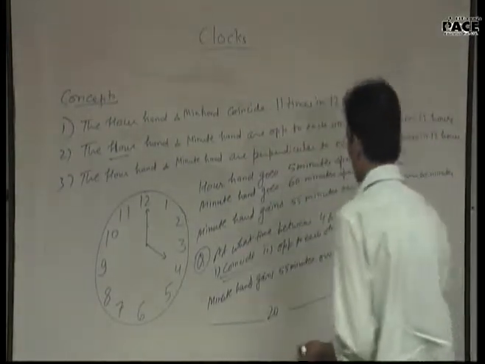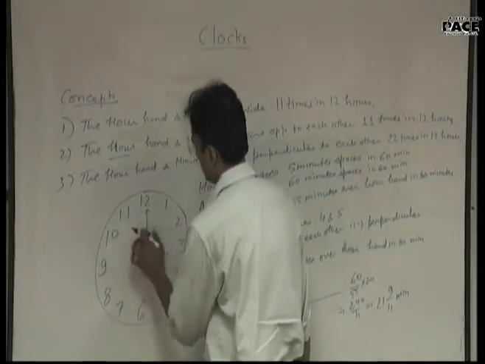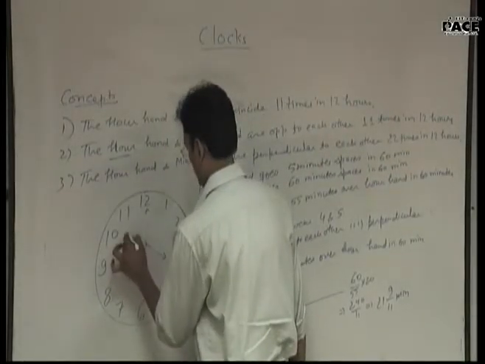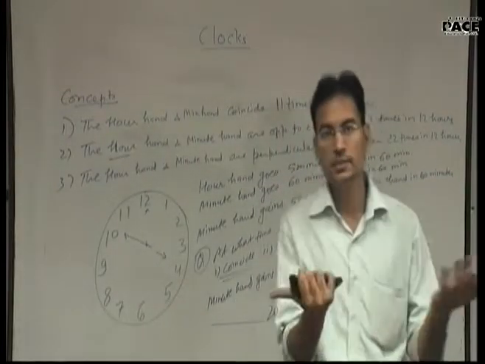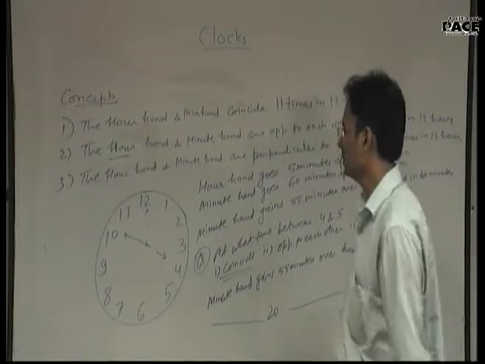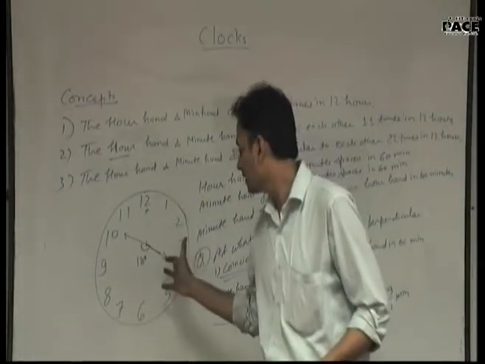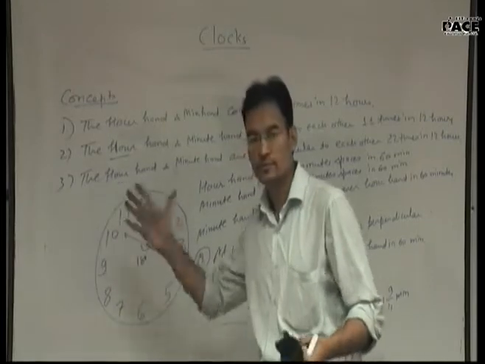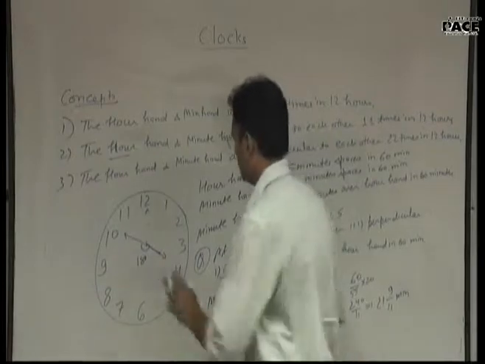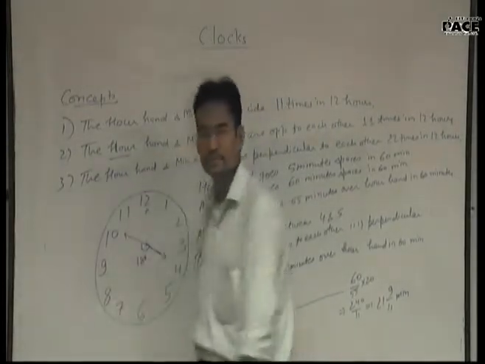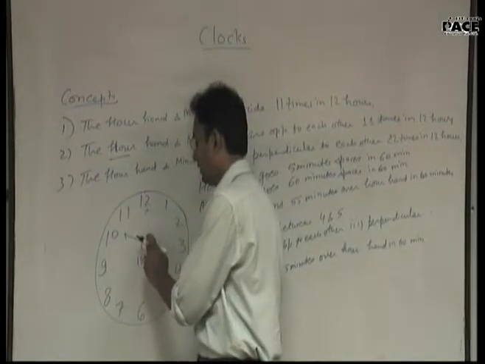Second, opposite to each other. Now for the minute hand and hour hand to be opposite, they need to be at an angle of 180 degrees with each other. In a clock, this half side of the clock is 30 minute spaces. At 4 o'clock, the minute hand is here.